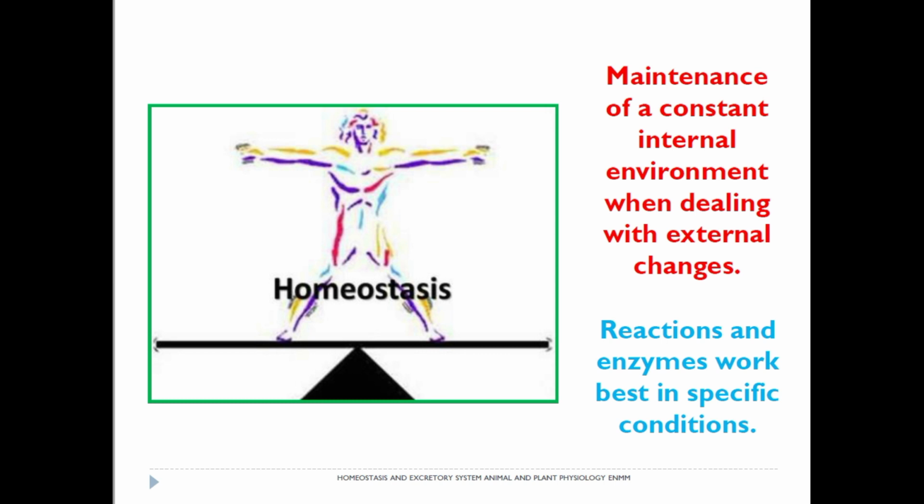Here are the three components of the homeostatic control system: receptor, control center, and effector, involving the nervous system and also the brain, mostly the brain, which controls the homeostasis system. The regulatory mechanisms involve negative and positive feedback. For negative feedback, usually the system will shut off the original stimulus.